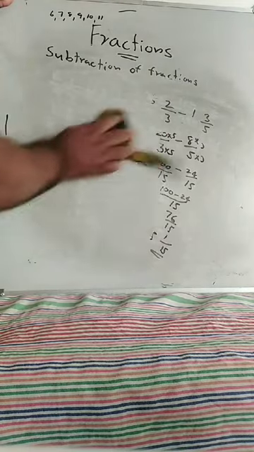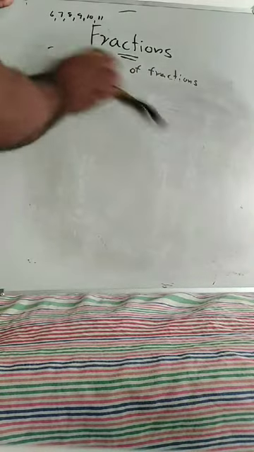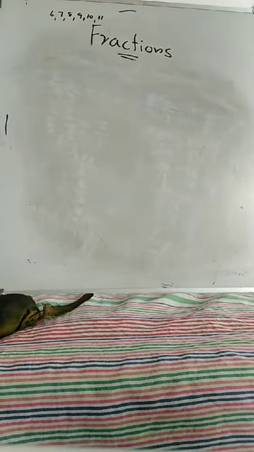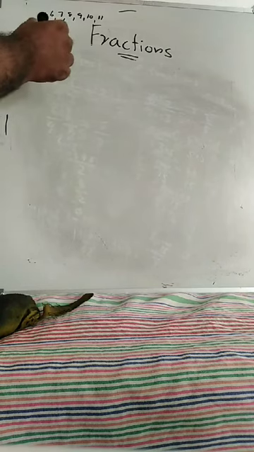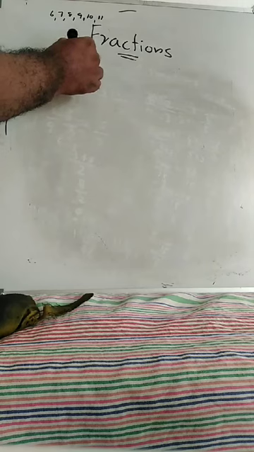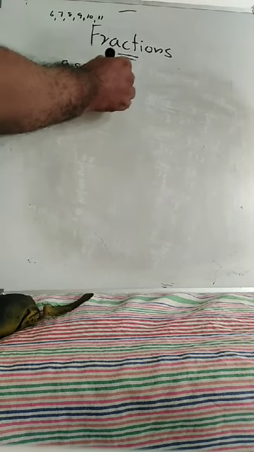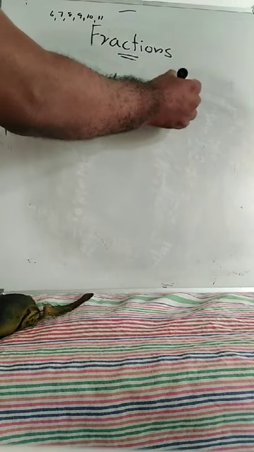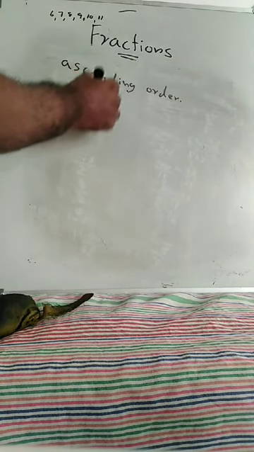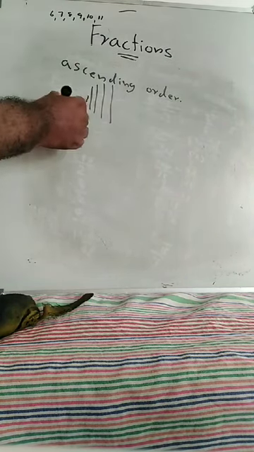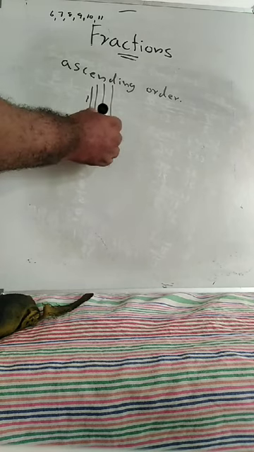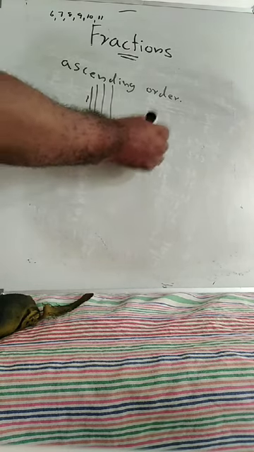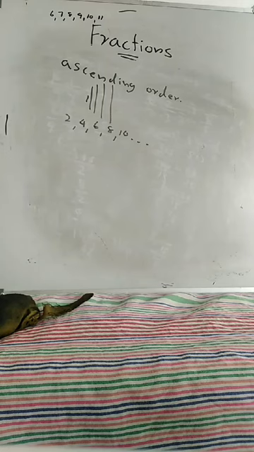And also, you should know something about this lesson. Have you heard of ascending order and descending order? What is ascending order? Ascending order means smallest to biggest, no? For example, 2, 4, 6, 8, 10 are there, it is ascending order. Then what's the next one?